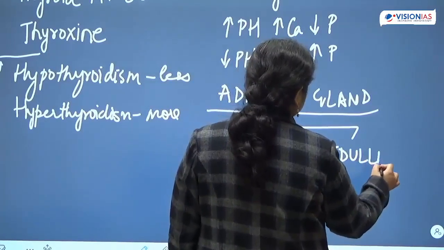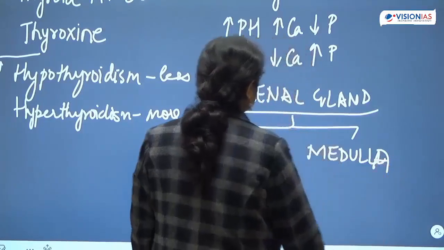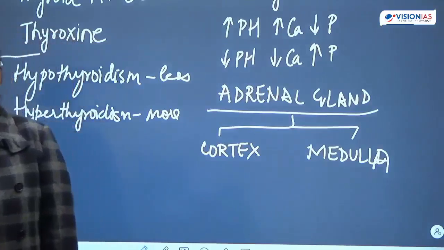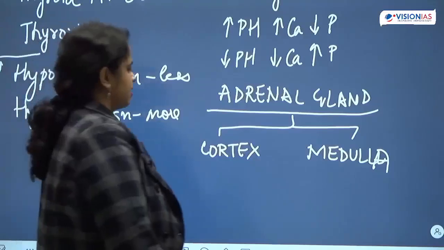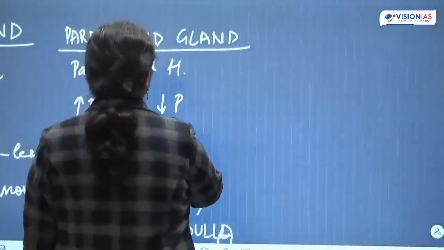This is like the interior and the outer parts of the gland. Adrenal cortex and adrenal medulla. First, we'll talk about adrenal cortex.